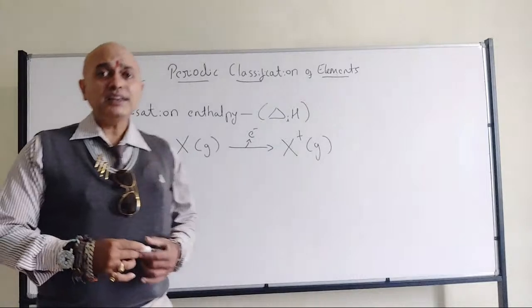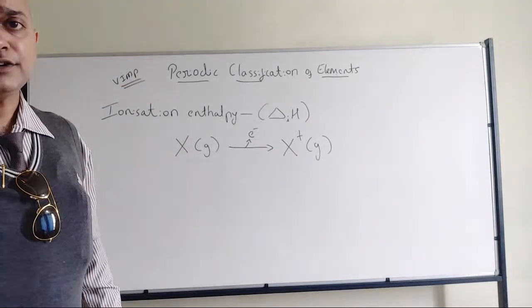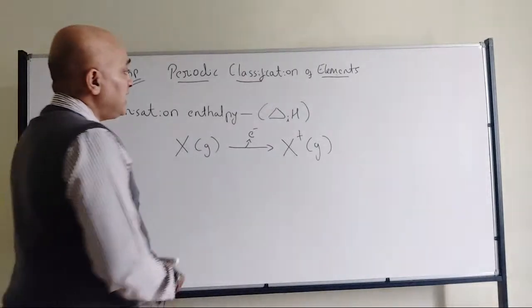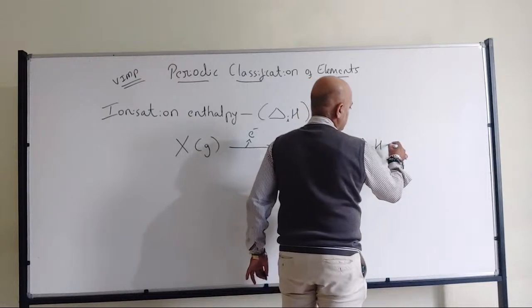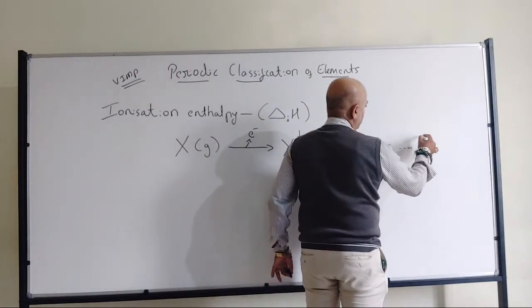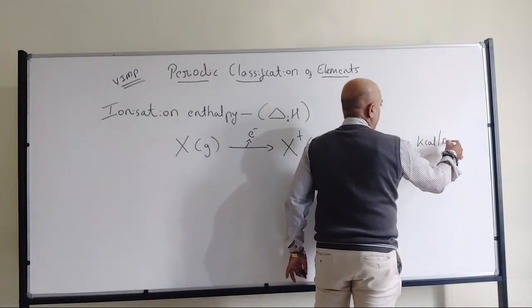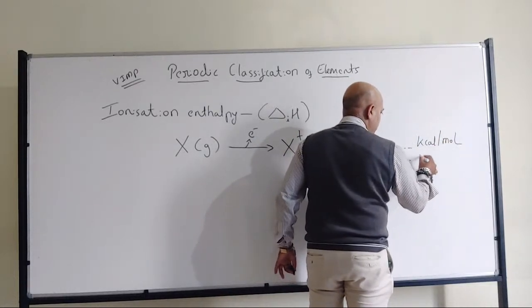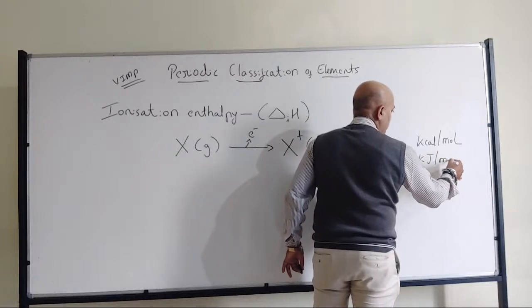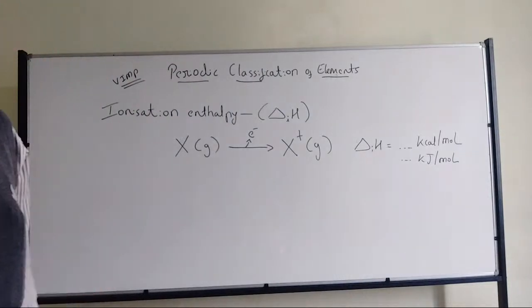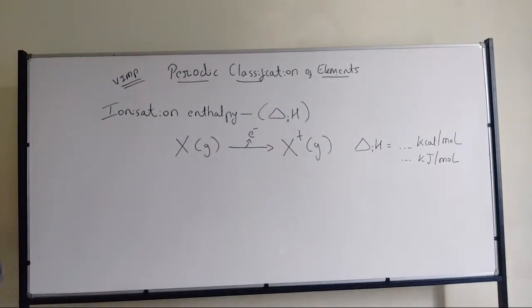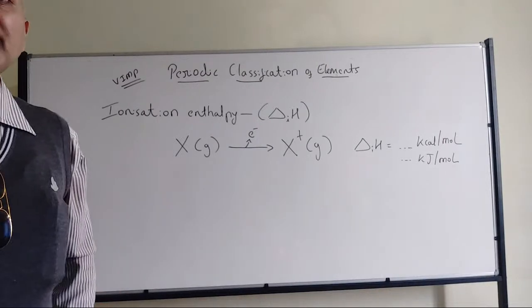By the removal of one electron. So that is the ionization enthalpy involved during the process. It can be some value in kilocalories per mole or kilojoules per mole, anything is fine. That is nothing but the unit for energy. So this is the general equation to define the ionization enthalpy.